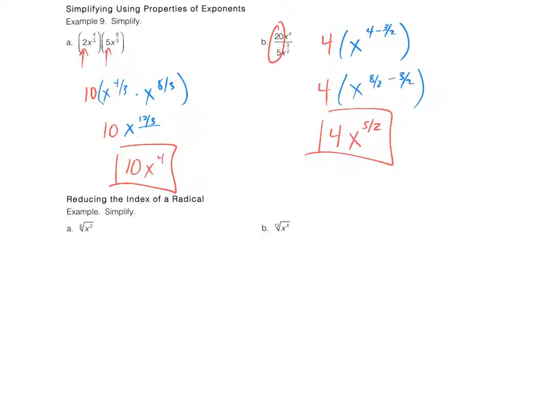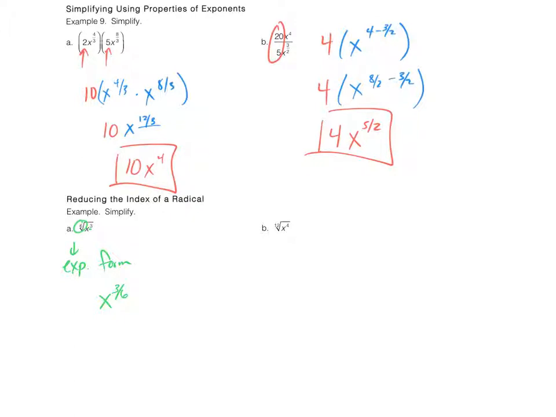The final thing we're going to look at is reducing the index of a radical. So that means I want to take this number here and make it smaller. So the first thing I want to do is put this into exponential form. So to do that, it's still going to be a base of x. Now remember, the exponent goes in the top, so this 3, and then the root is in the bottom of my fraction, so it is 3/6.